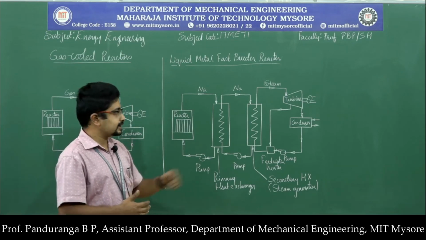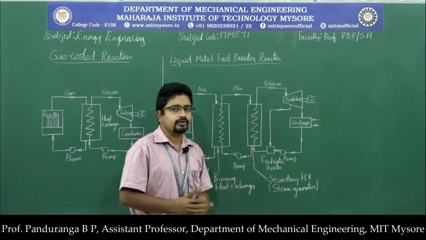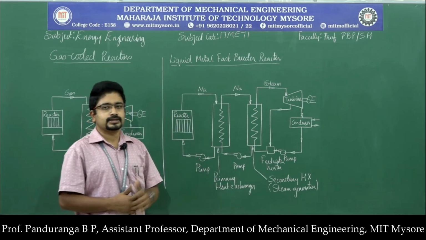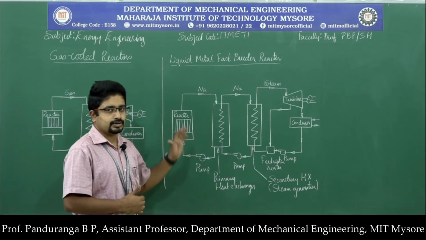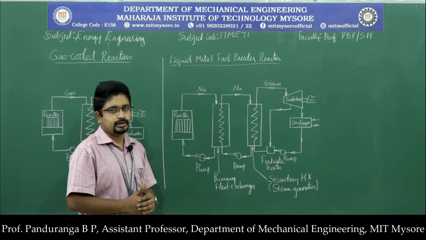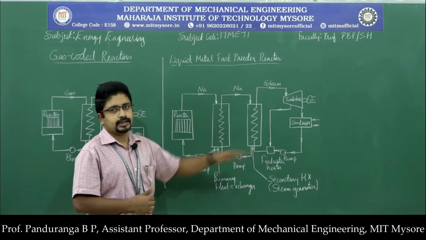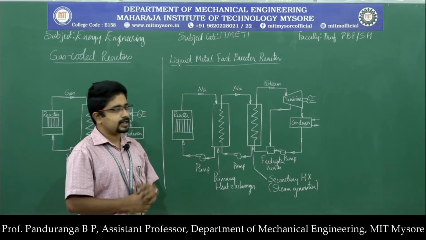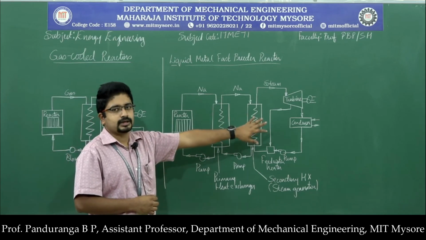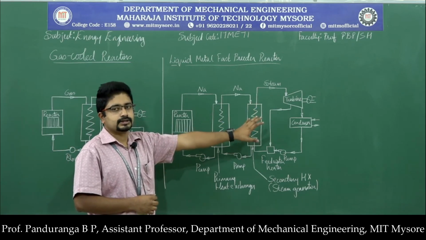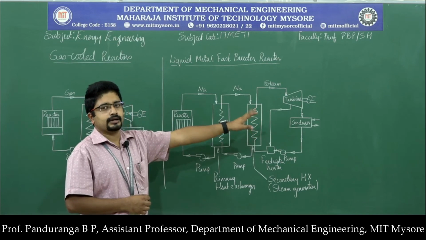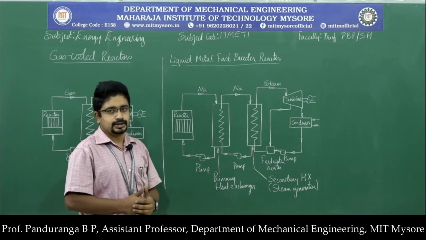If there is any leakage of a small amount of sodium into the water, the water will be contaminated, the entire system has to be shut down, the water needs to be discarded, and fresh water has to be used.